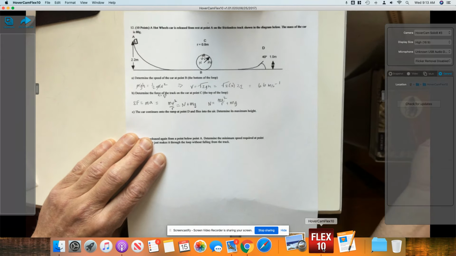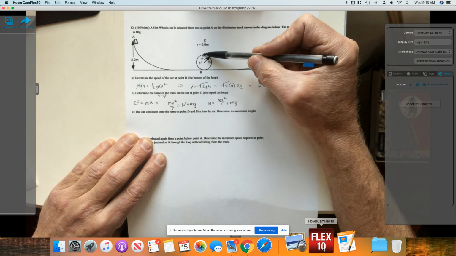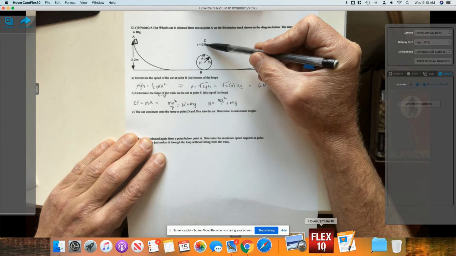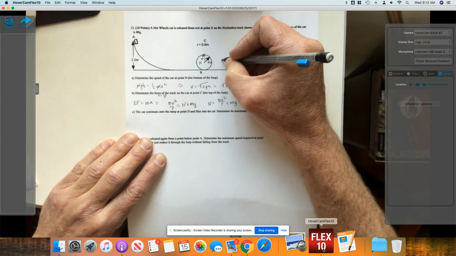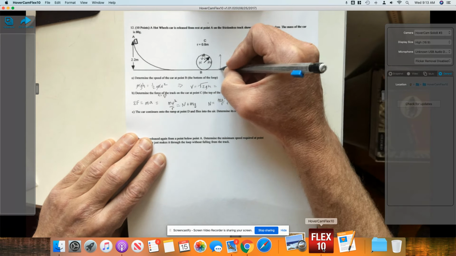And because I'm going to be at this top height, given that the radius is 0.8, that means that the height here is 1.6. So it's kind of like this height right here is 1.6 meters.